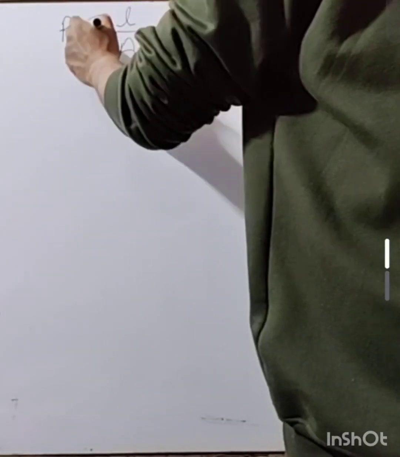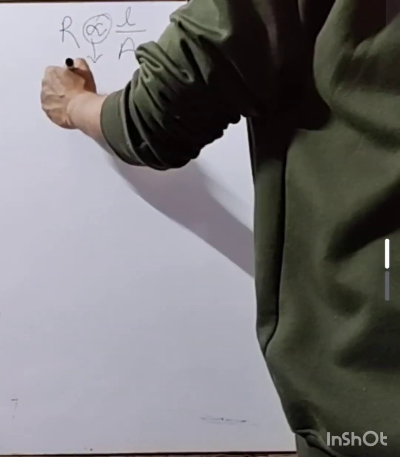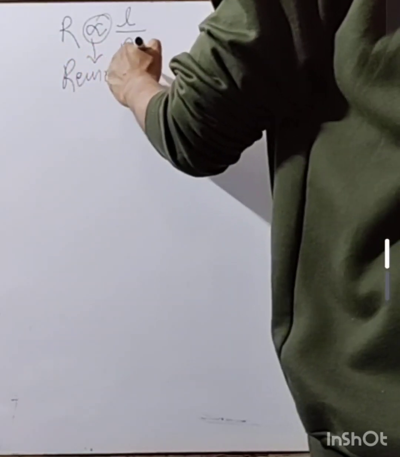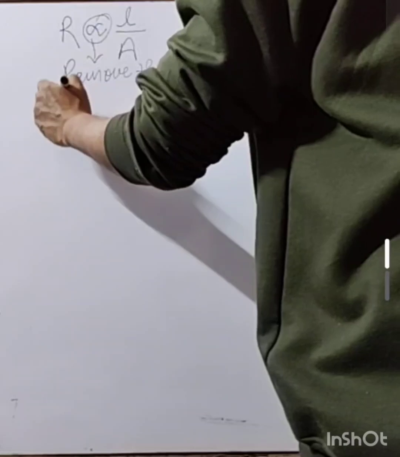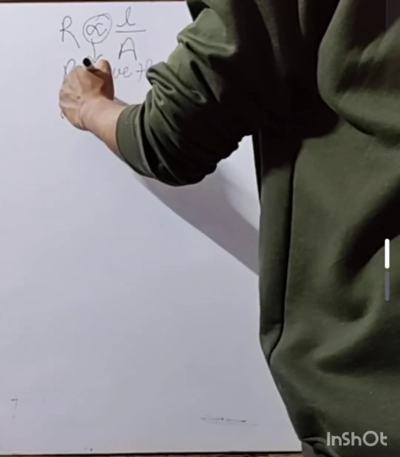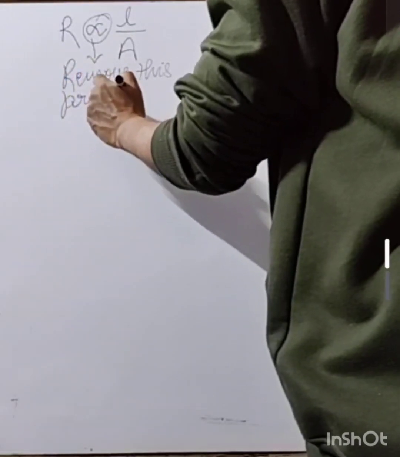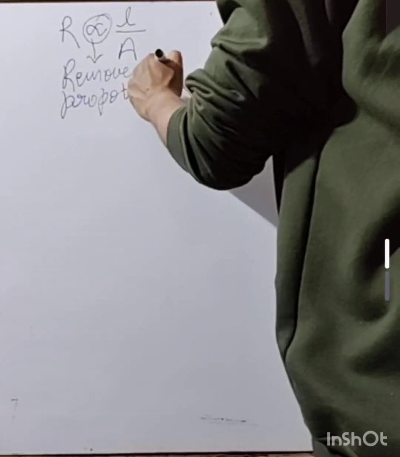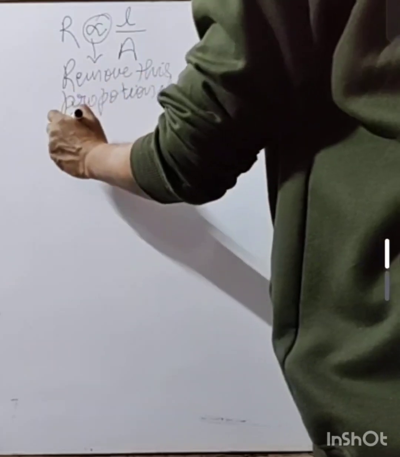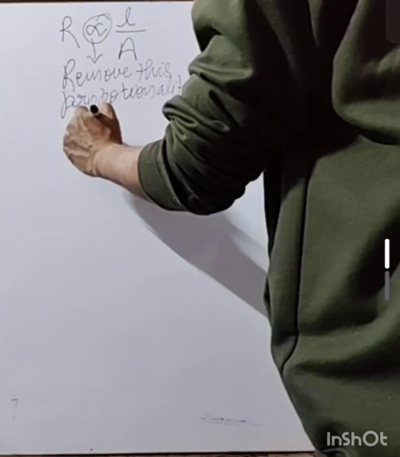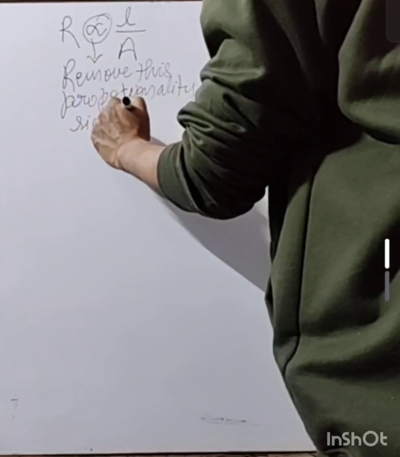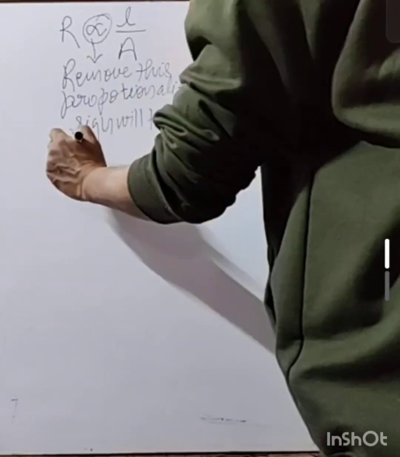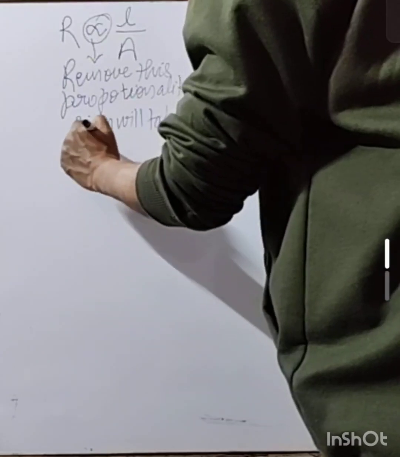When we remove this proportionality sign, we will take a constant, right?